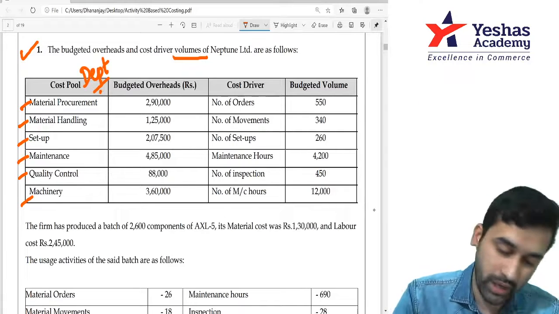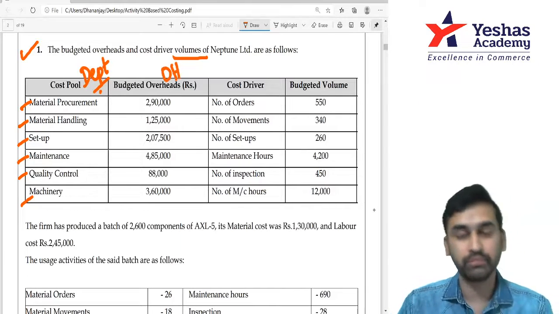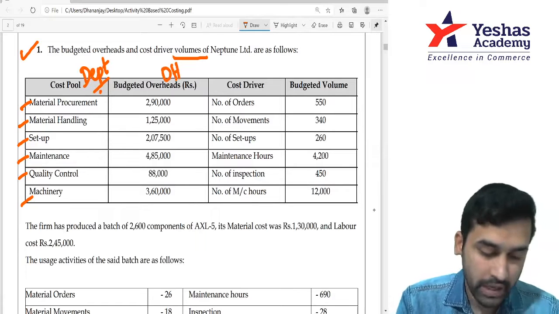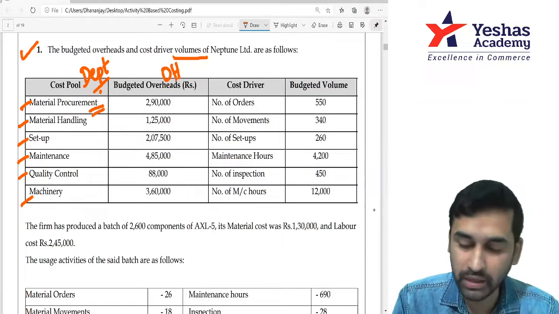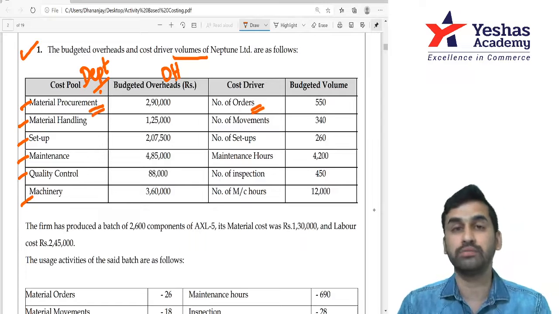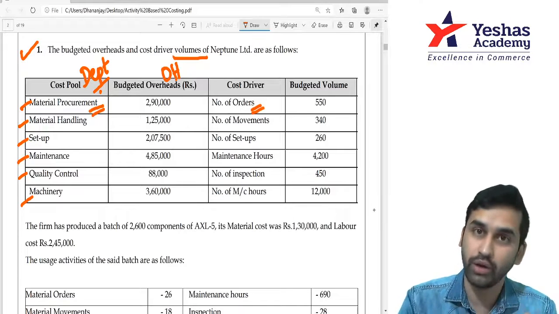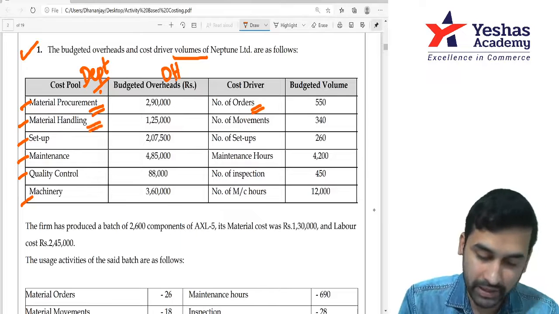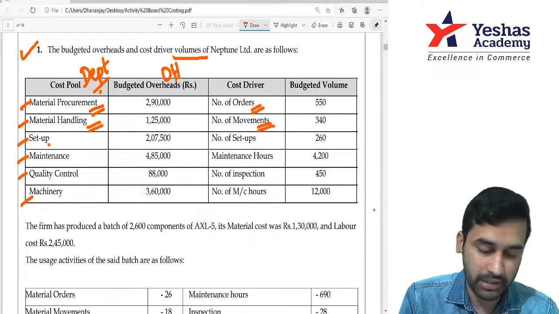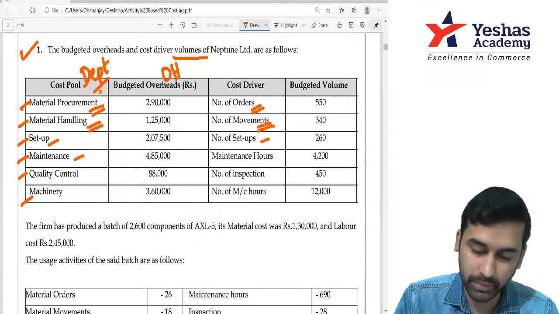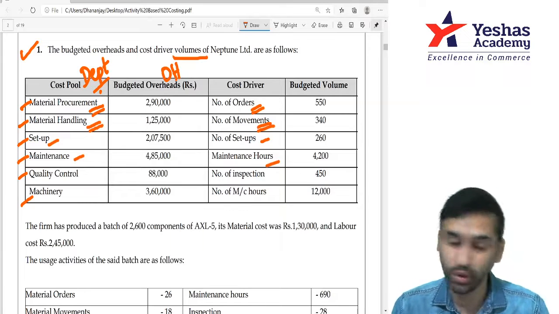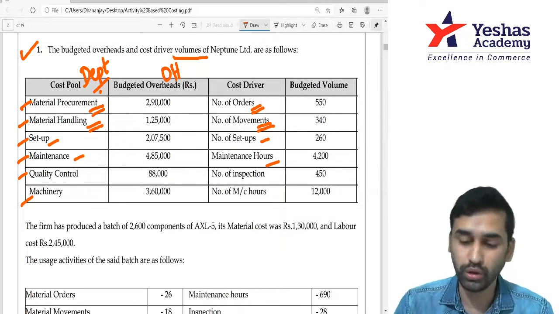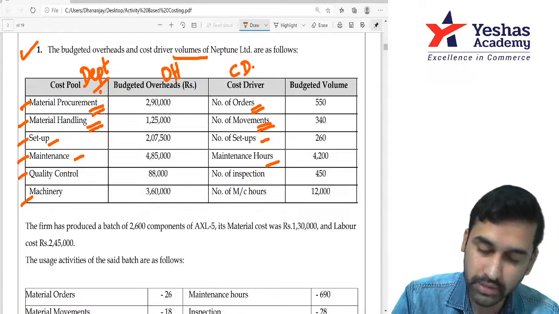Budgeted overhead. Okay, amount is also given to me. Yes, cost driver. In procurement department, number of orders that will drive the cost. That is why I am using the word cost driver. Material handling, number of movements, setup, number of setups, maintenance hours, and so on. Okay, so you also got cost drivers.